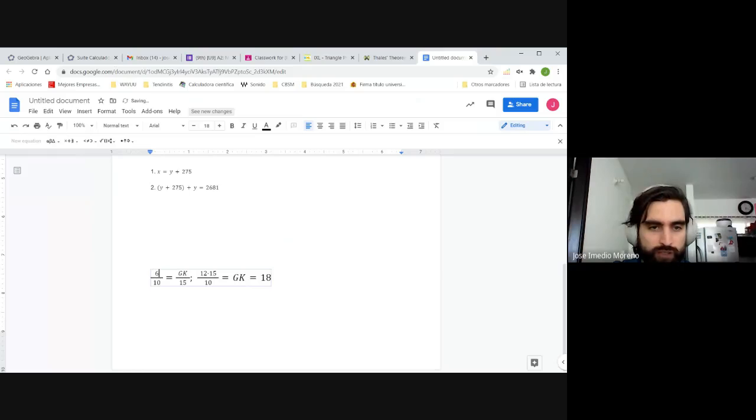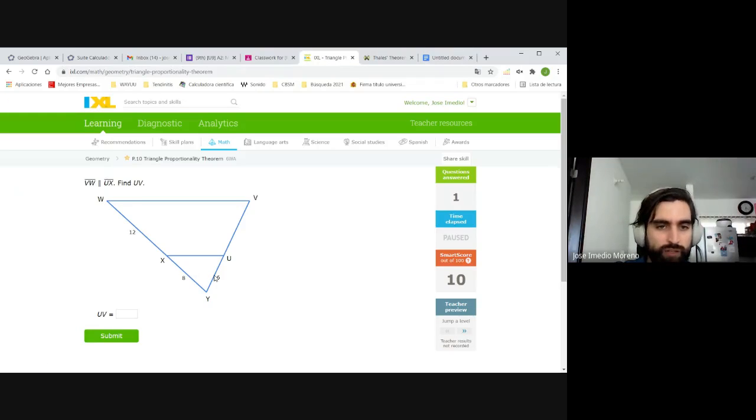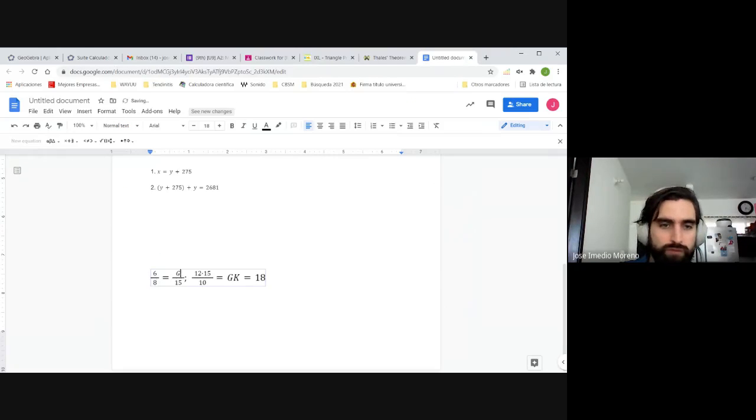So 6 over 8 equals UV over 12. This means that this 12 goes to the other side, multiplying. So I have that 6 times 12 divided by 8 equals UV.